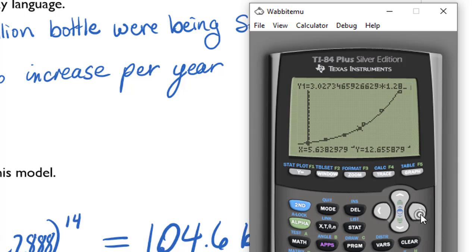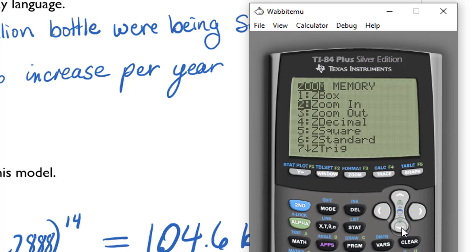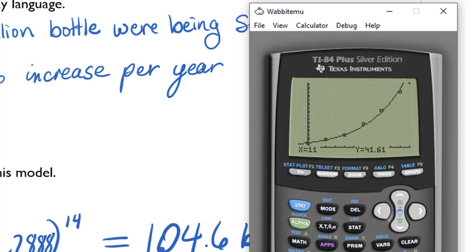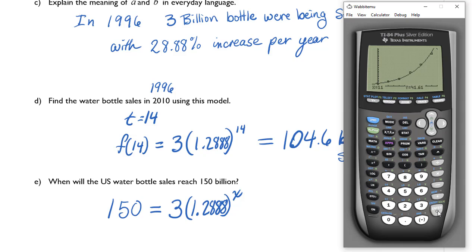And now I'm just going to scroll until y equals 150. And notice that it stops when my window is at a certain point. So I'm going to zoom out.